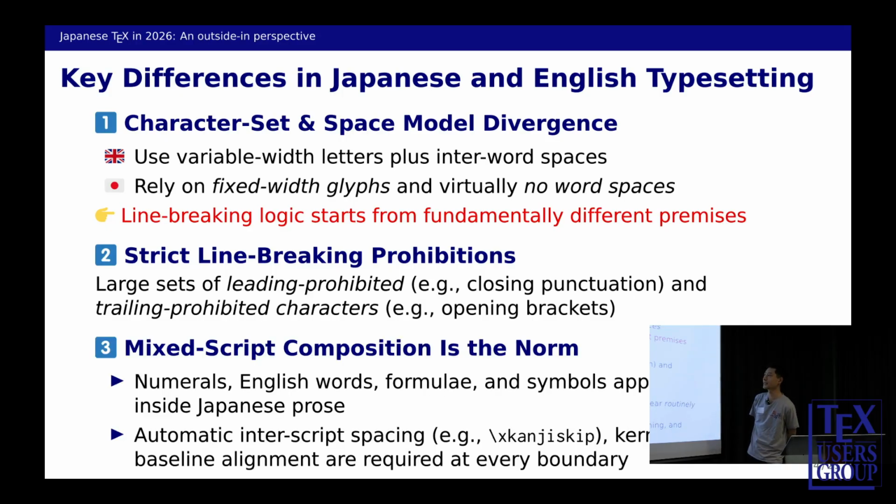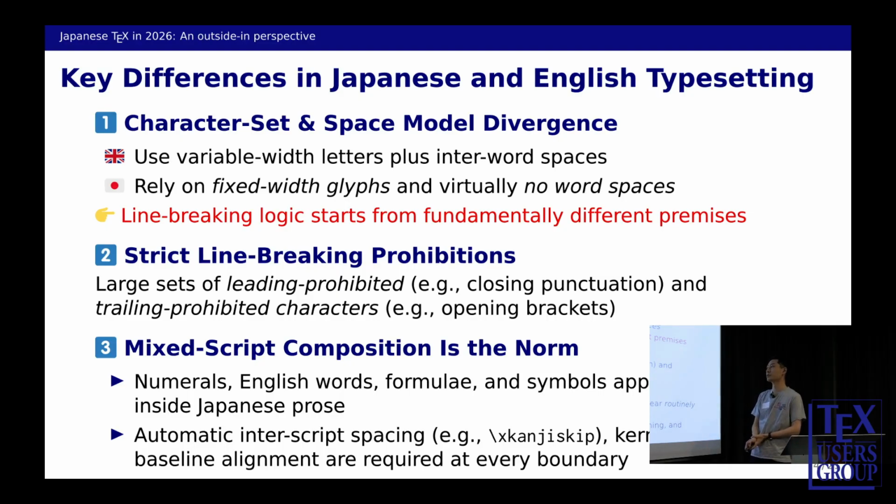And the last one, which is obvious for Japanese people but probably not obvious for English speakers: Japanese typesetting is for the most part not only Japanese text, but always a mixed script composition, because most of the ideas, specifically in STEM documents, are imported from foreign countries.